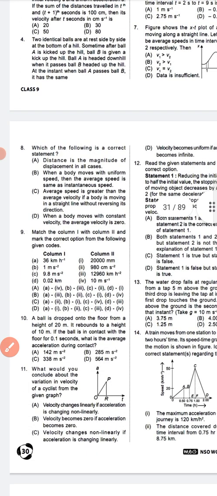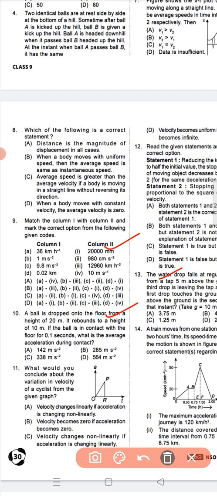Next, which of the following is the correct statement? Distance is the magnitude of displacement in all cases. When a body moves with uniform speed, then the average speed is the same as the instantaneous speed. Average speed is greater than the average velocity if a body is moving in a straight line without reversing its direction.